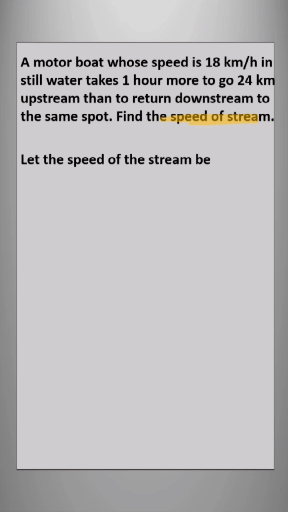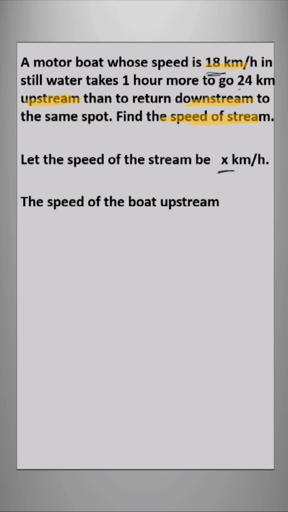Let the speed of the stream be x km per hour. Now it is given that the speed of the motorboat is 18 km per hour. While going upstream, its speed lessens, so its speed is 18 minus x km per hour.